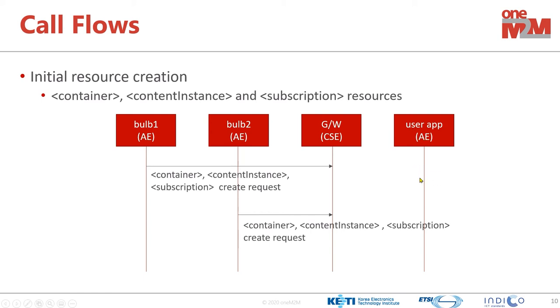It will send the instance creation, and it will be sent over as a notification from the CSE to device 1 or device 2 due to that subscription setting. We will be describing that procedure again.